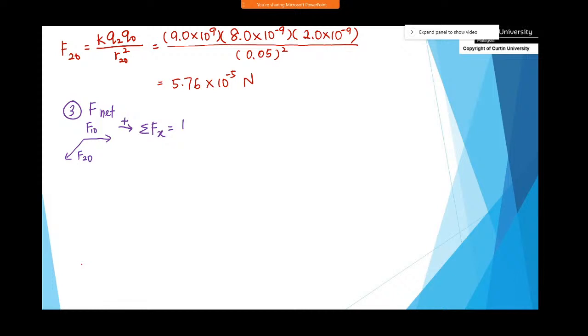So it will equal F1O plus your F2O, which has to be resolved to the x and y axes. So it will be F2O x-axis and F2O y-axis. Since it is moving in the opposite direction, this one will be a negative value.